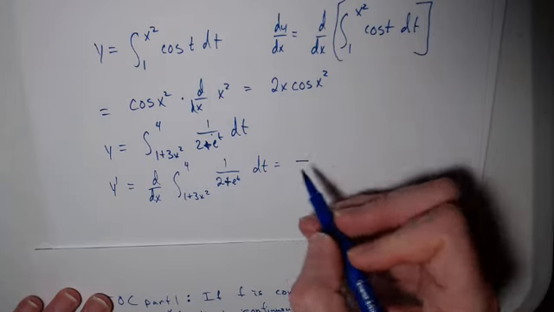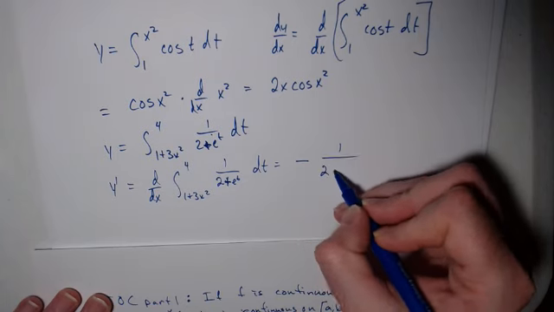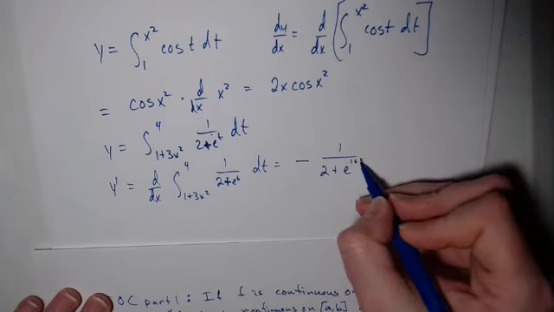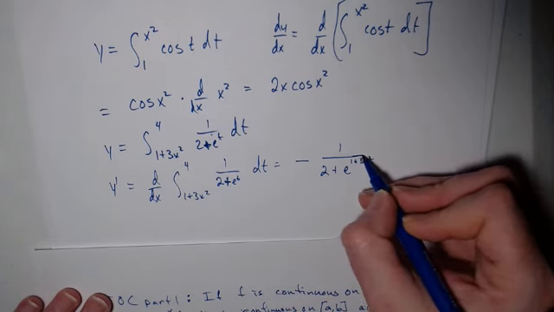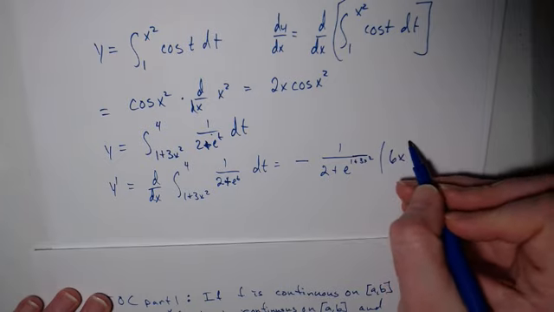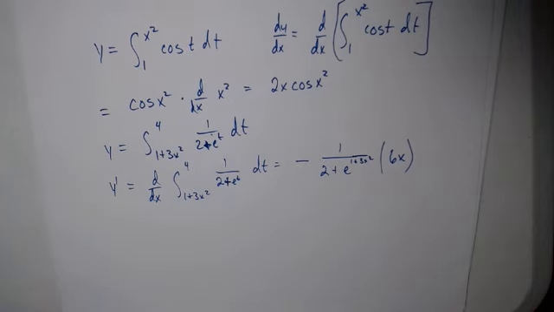So that's going to be equal to negative, because I've got to flip that up to the top, 1 over 2 plus e to the, plug everything in, 1 plus 3x squared, times the derivative of 1 plus 3x squared, which is 6x. We could clean that up a little, but it's not necessary. So that's the fundamental theorem part 1.